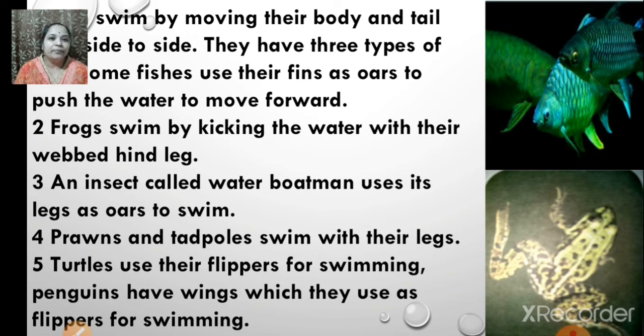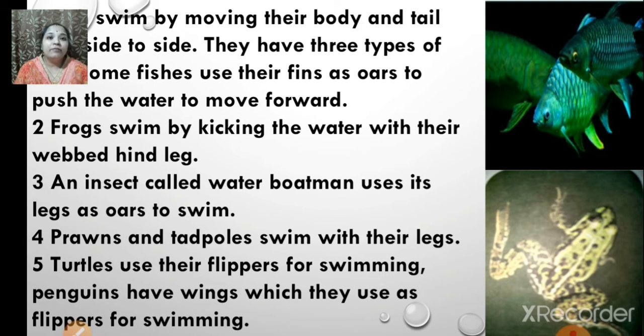Now, animals that swim. Do you know that the animals who live inside the water, they swim? But do they all have the same organs for swimming? No. So let us see in detail what are the different organs present in the aquatic animals which help them to move inside the water. Now you know that fishes swim.